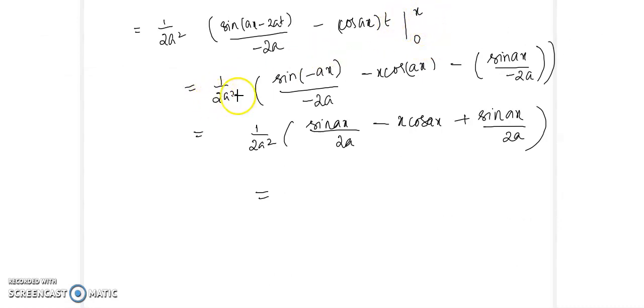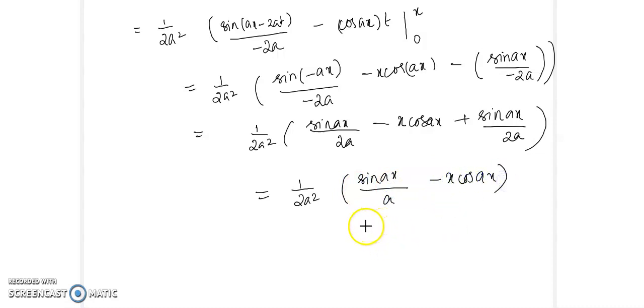You will get 1 by 2a square, sin(minus ax) by minus 2a, minus x cos ax, minus sin ax by minus 2a. When you simplify you will get 1 by 2a square, sin ax by 2a minus x cos ax plus sin ax by 2a. So that is 1 by 2a square, sin ax by a minus x cos ax. That will be the required inverse transform.